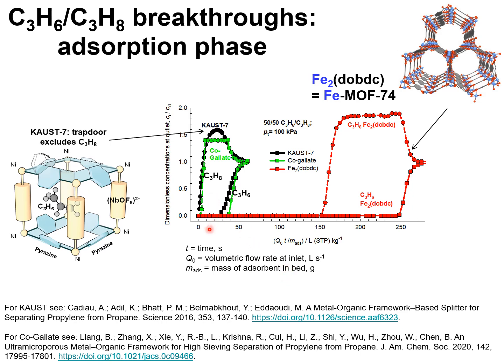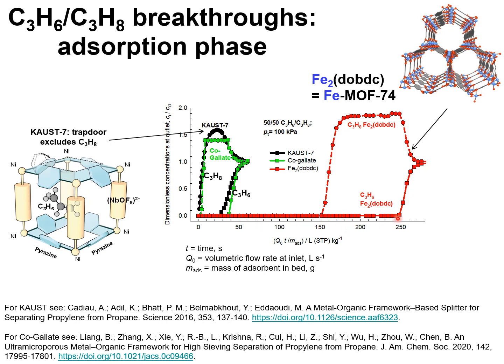We note that there are important differences between the breakthrough characteristics of iron MOF74, denoted here in red, and the other two MOFs, KAUST-7 and cobalt gallate, that rely on exclusion of the saturated alkane from the pores by exploiting subtle differences in molecular shapes and sizes.